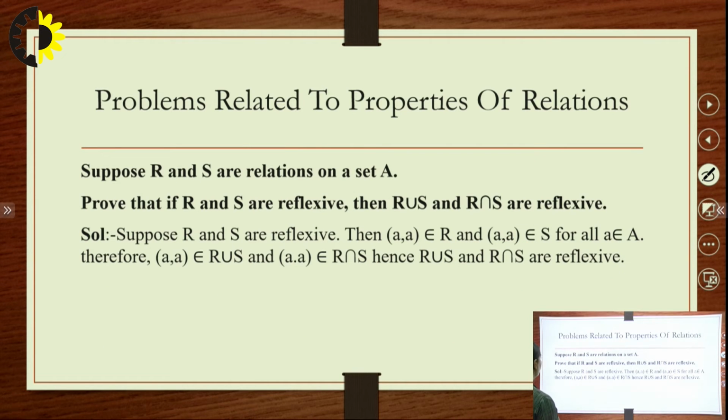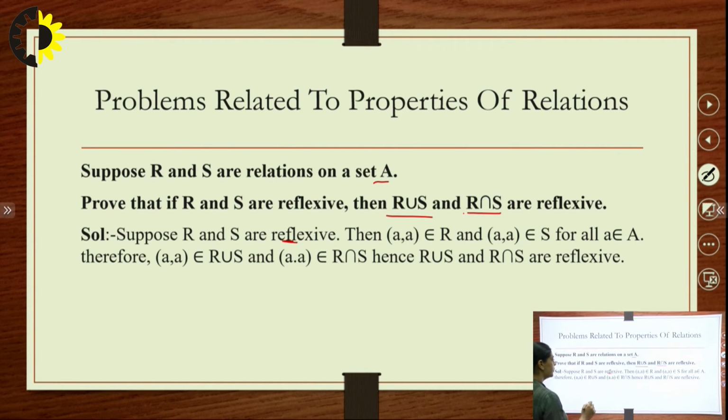Problems related to relations we have. Next problem: suppose R and S are relations on set A. Prove that if R and S are reflexive, then R union S and R intersection S are also reflexive. Suppose R and S are reflexive.